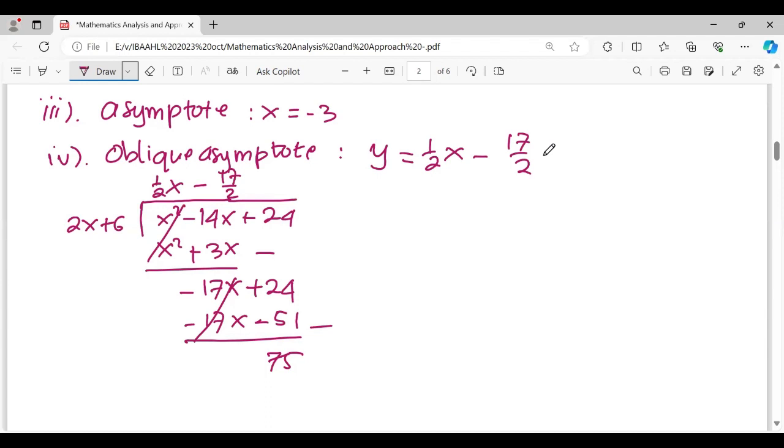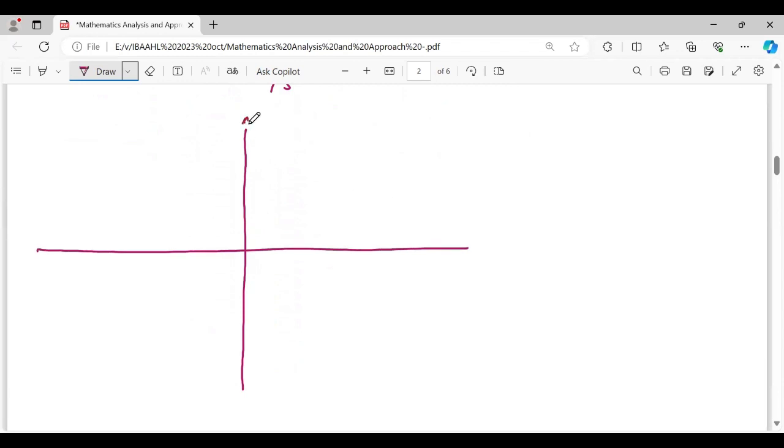Okay, now we're going to sketch. Minus 50 and 50. So we're going to find the intercept points with the x-axis.